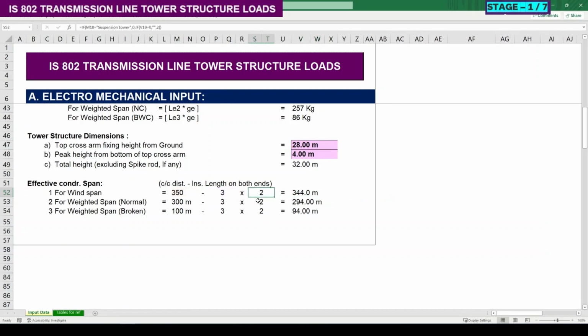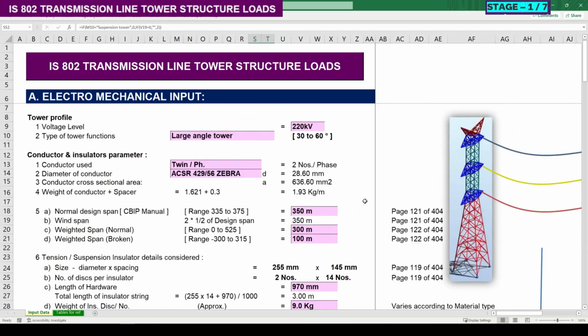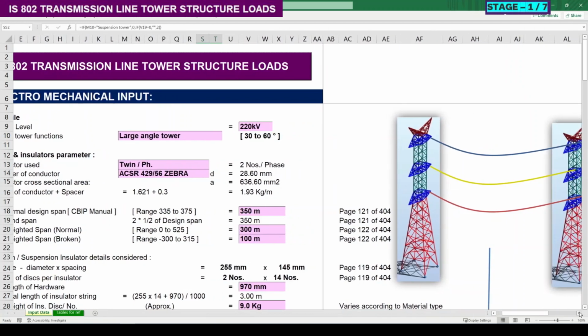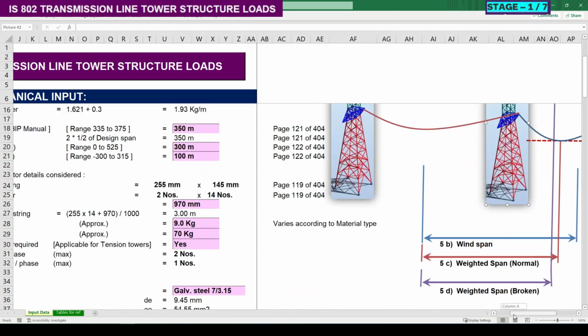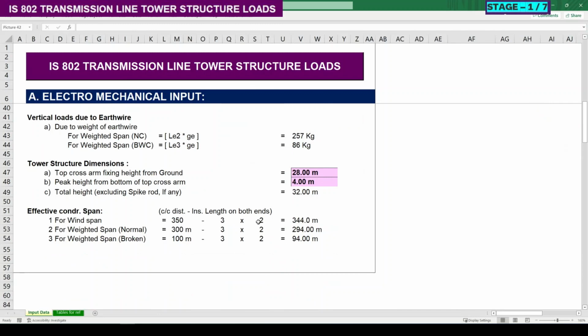This number is nothing but the two sides on which the tension insulator is connected in a tower. You can see here, if we are going to design this as a middle tower, then the tension insulator is on one side and on the other side we need to deduct as well. So that is what this number 2 is.